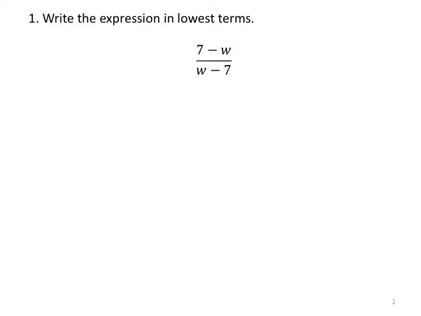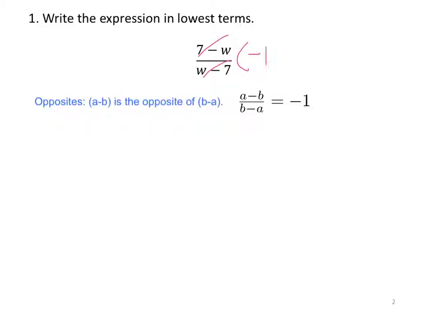In this problem, you are to simplify, and you need to realize that 7 minus w and w minus 7 are opposites. That means when you cancel the opposites, you end up with negative 1. So in this case, your 7 minus w and your w minus 7 cancel to leave negative 1.